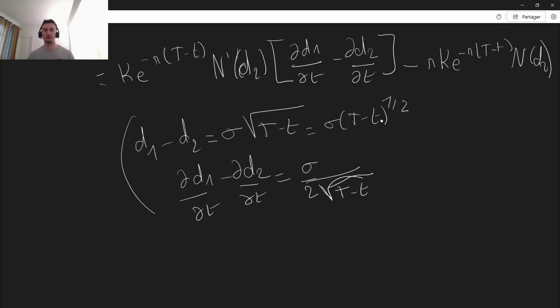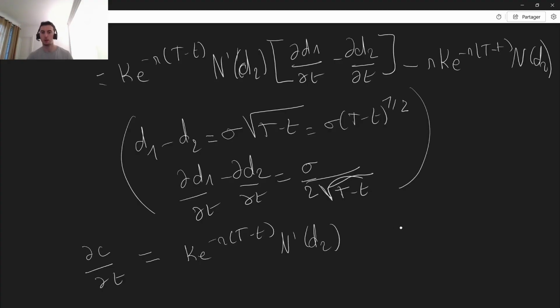So with this parenthesis, we can continue our equation. I recall that it's dC over dt. So we have K exponential of minus r (T minus t) N prime of d2 sigma over 2 square root of (T minus t), minus r K exponential of minus r (T minus t) N of d2.